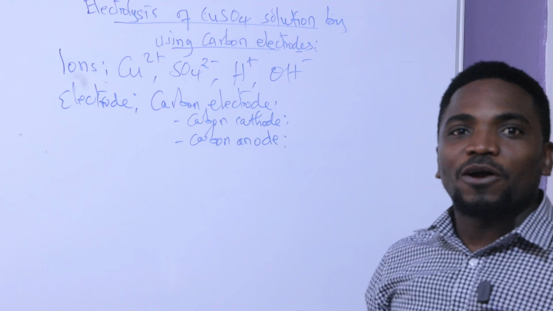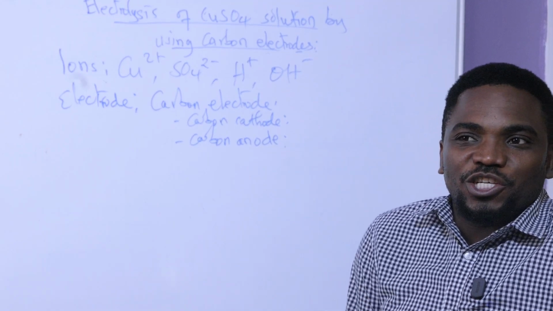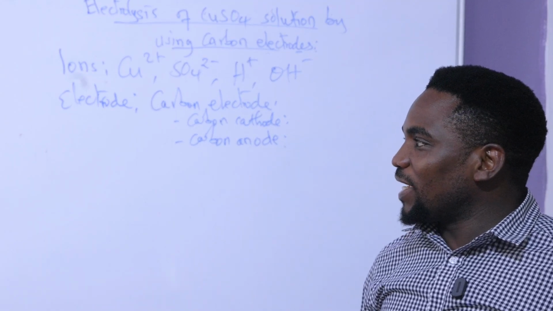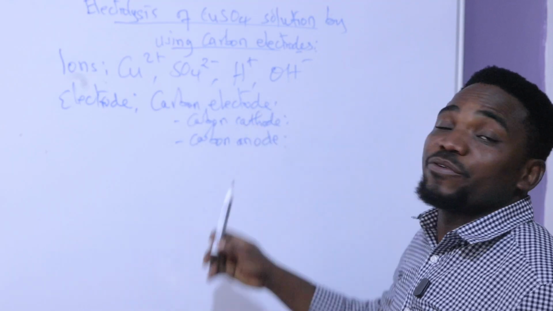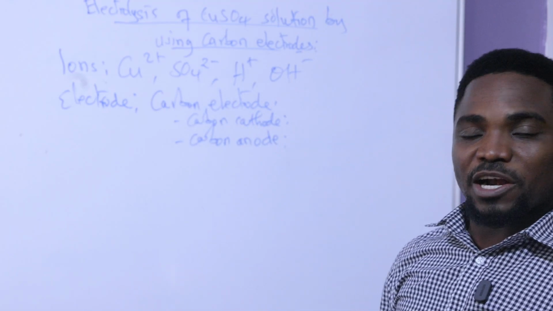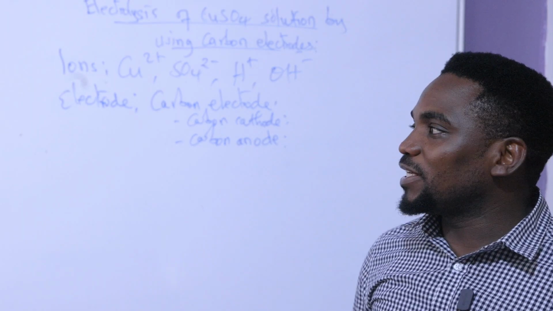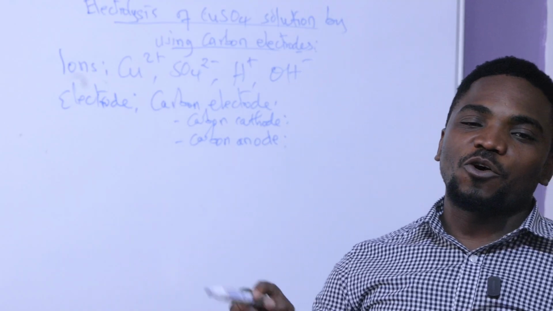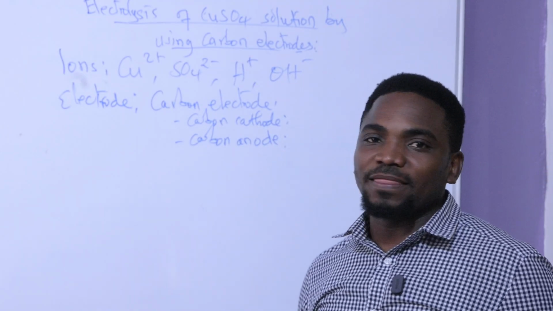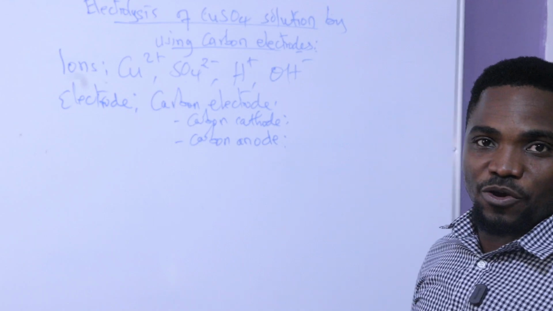Tukasema ni kwa sababu ya nature of electrode. The nature of electrode, that is the copper from the anode, is not allowing sulfate or hydroxyl ions to be preferentially discharged, but it starts to ionize. Anapo ionize mwisho wa siku anakupa product ambayo ni copper 2 ions ambayo ni formed at the product.